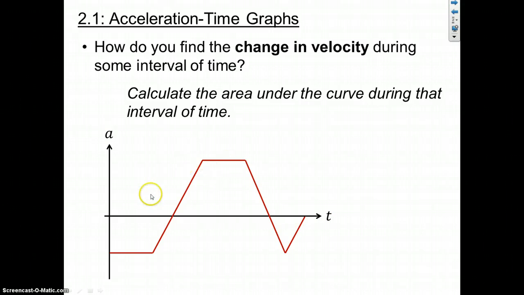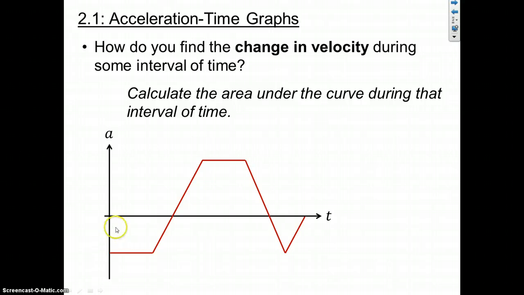So what this turns out being, and we could prove it with calculus, is that the area under an AT curve, maybe this area or this area or this area, or maybe all three, so that we're looking at the area under the whole curve, gives us the change in velocity during the time interval that we're evaluating.